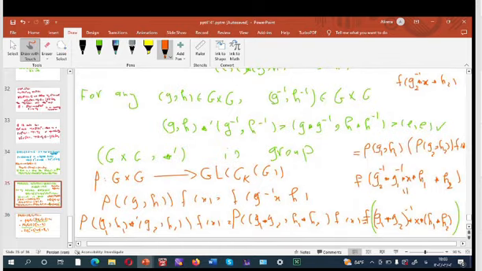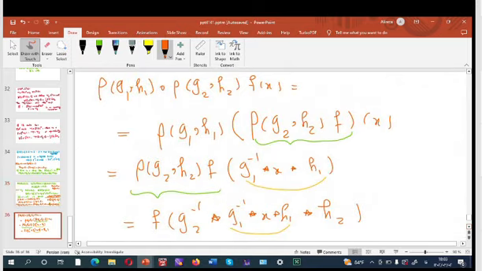Okay, so we see that rho of G1 H1 composed with G2 H2 of f of x equals this, and rho of G1 H1 or rho of G2 H2 of f of x equals this again, so these two are the same.